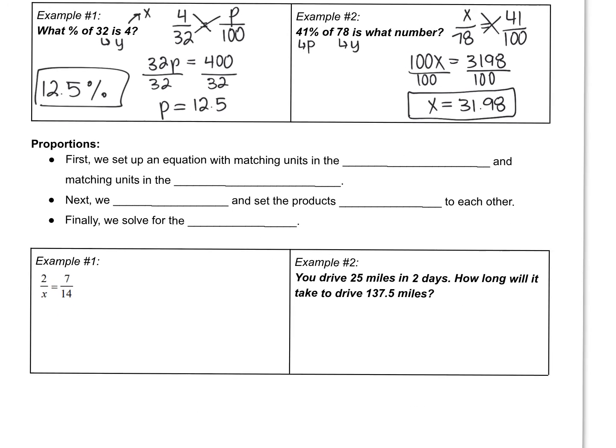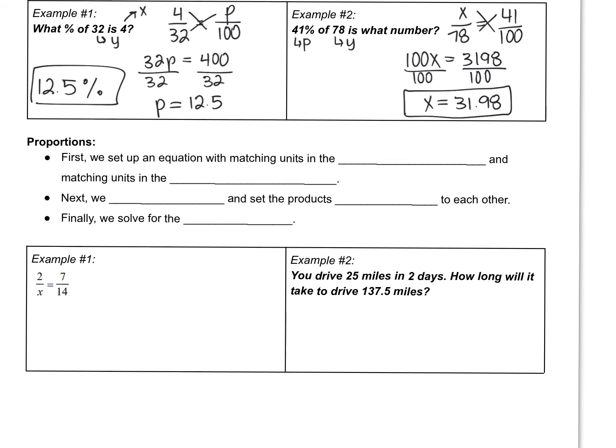The second thing we're going to look at is proportions. Proportions are most widely used in word problems. When you're setting up an equation for proportions, you have to have matching units in the numerator. So whatever values you put in the numerators of your fractions on either side of the equal sign have to be the same, and you have to have matching units in the denominator.